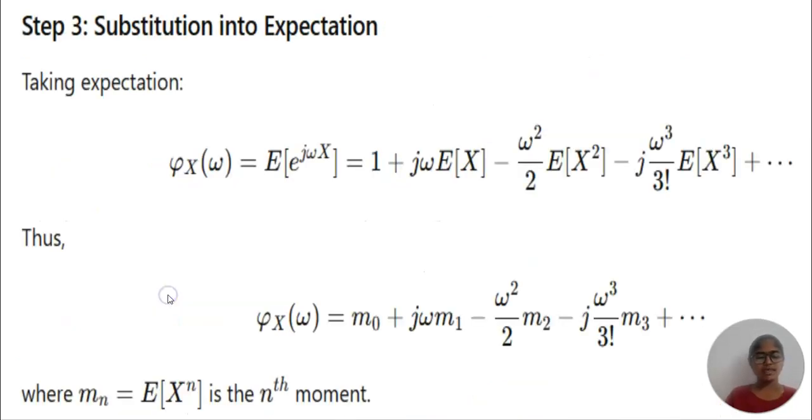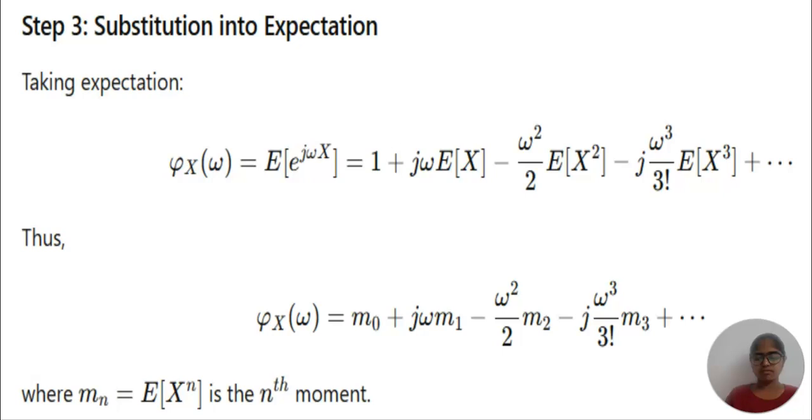Now applying the expectation on both sides, E of e power j omega x equal to E of 1 plus E of j omega x plus E of j omega x whole square by 2 factorial and so on. Phi x of omega equal to 1 plus, here E of 1 equal to 1.